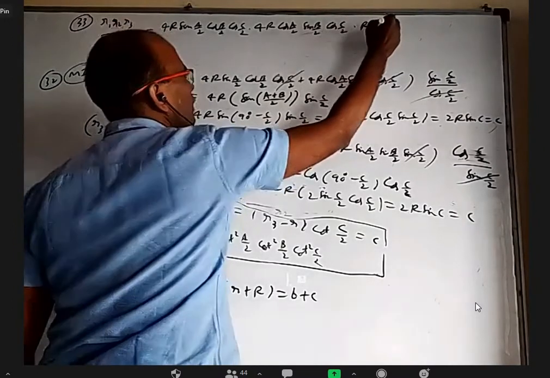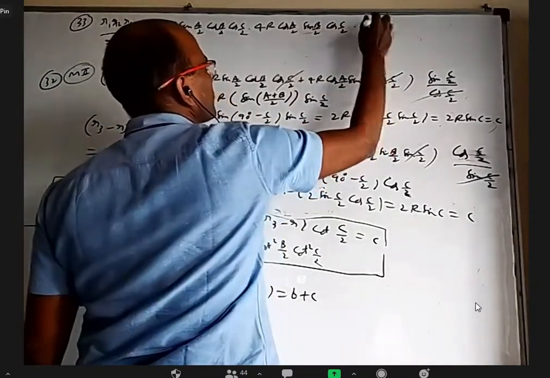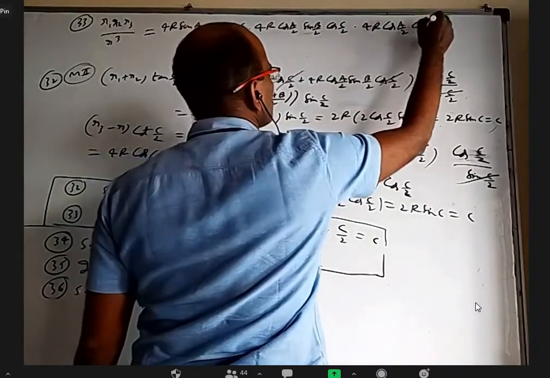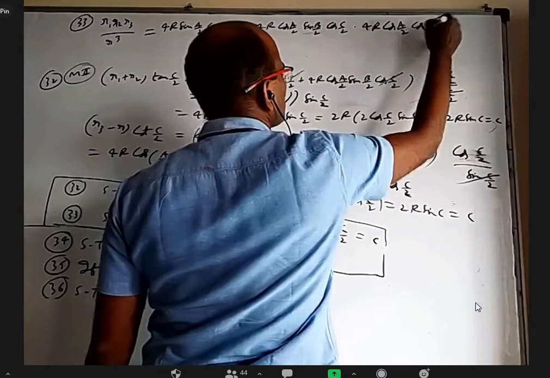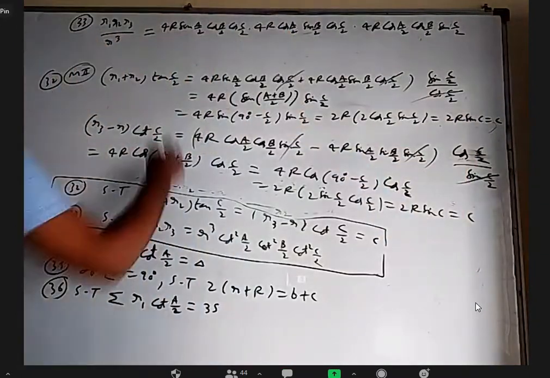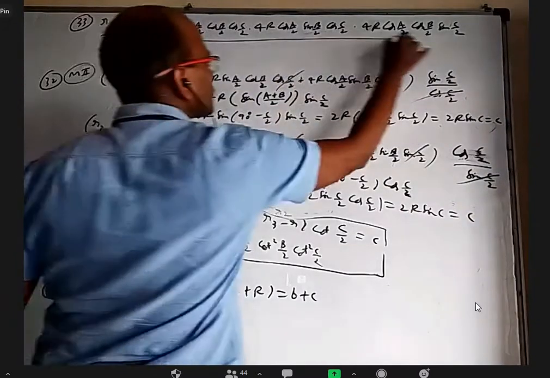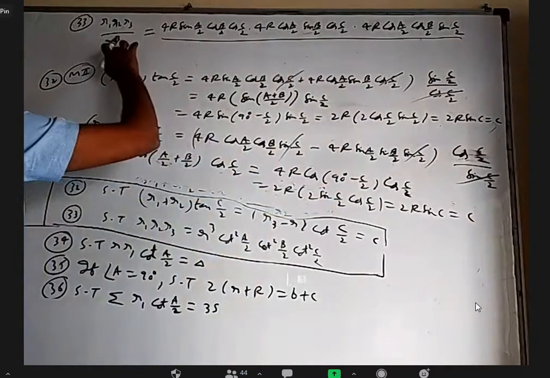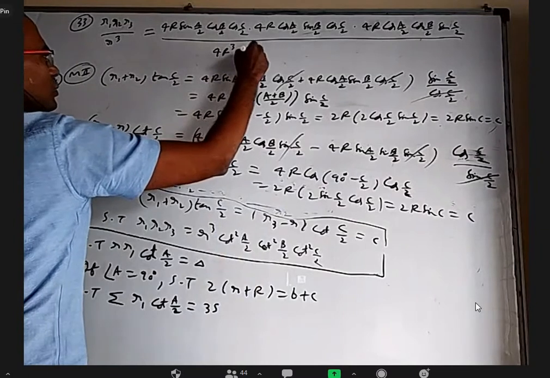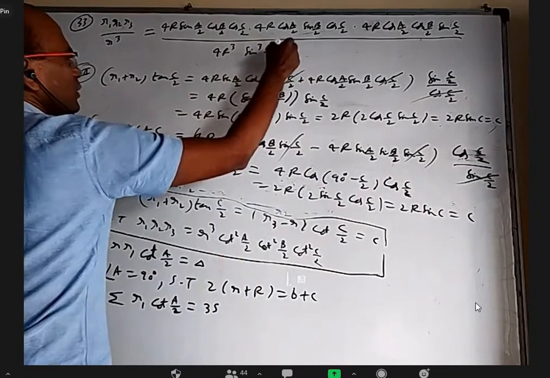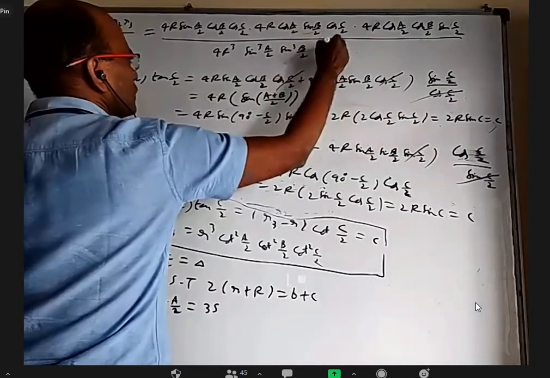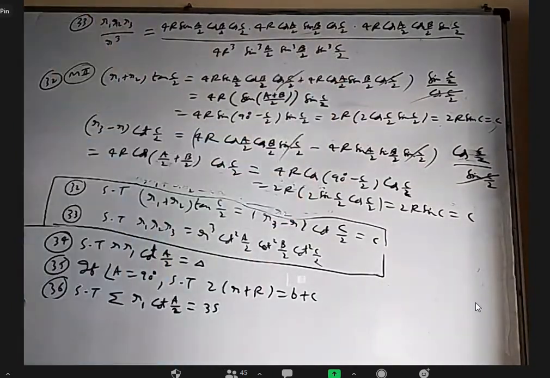R3 is 4 capital R cos A by 2, cos B by 2, and sine C by 2. This R cube will be 4 capital R cube sine cube A by 2 sine cube B by 2 sine cube C by 2.